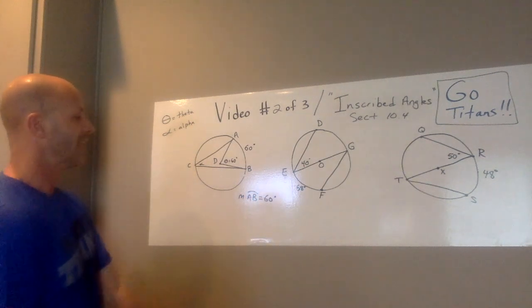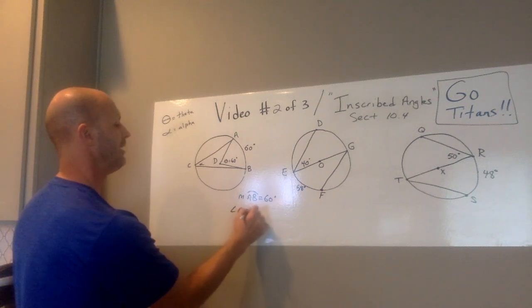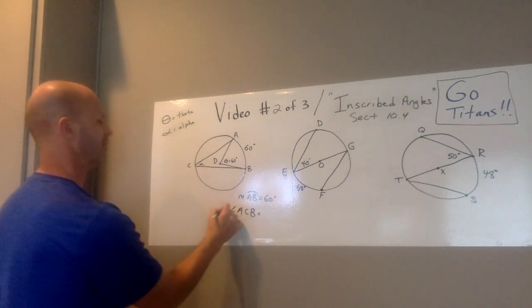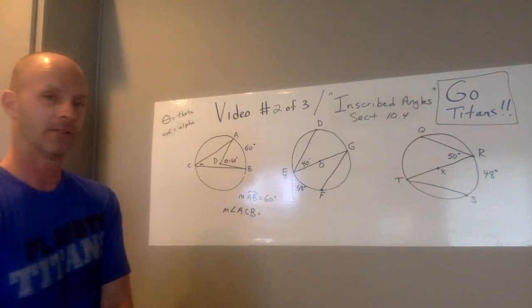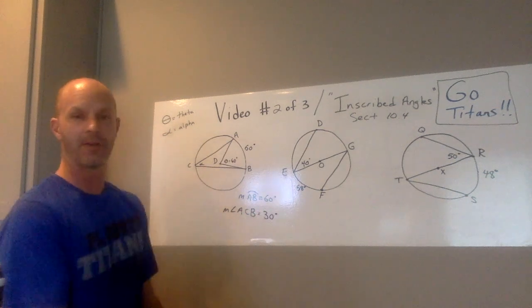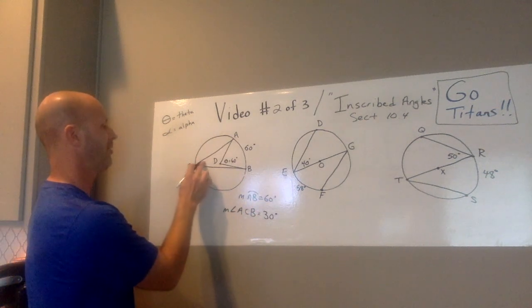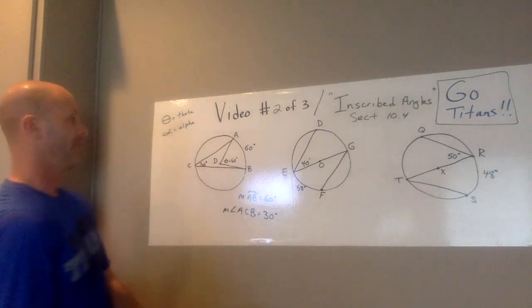Well, then that tells me that angle ACB, otherwise known as the measure of angle C, is going to be half as big as that. Half of 60, it's going to be 30. So this angle right here is going to be 30 degrees.